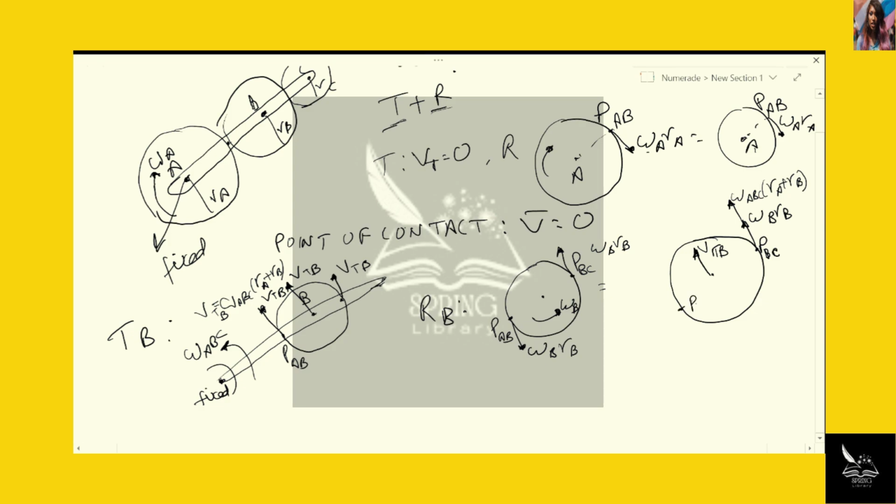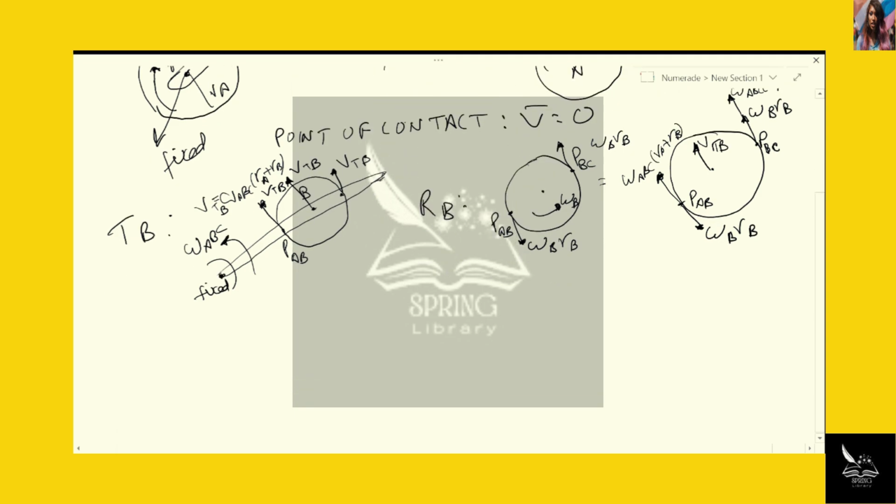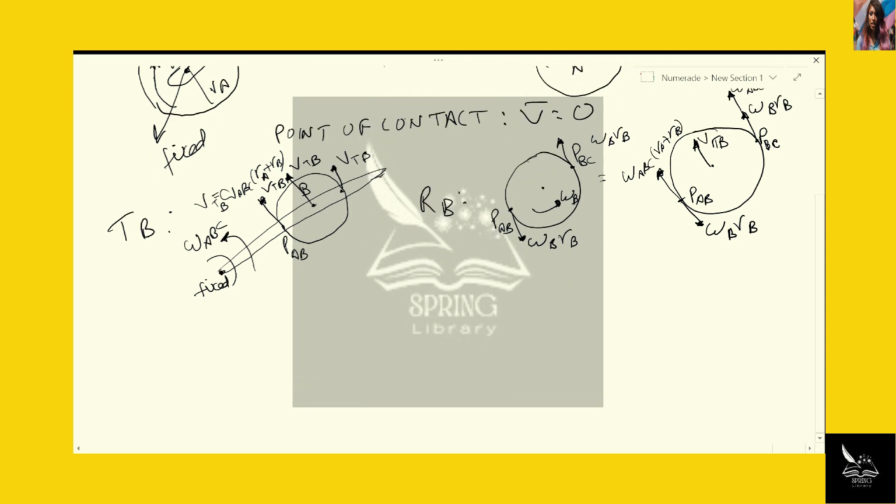And at point of contact AB, we get VTB, which is omega ABC RA plus RB, and then the rotational velocity omega B RB.